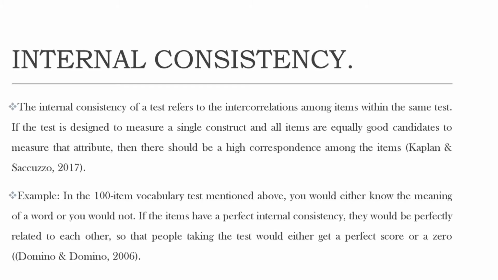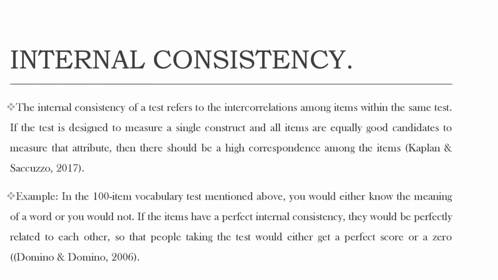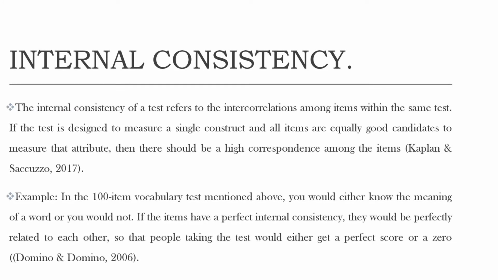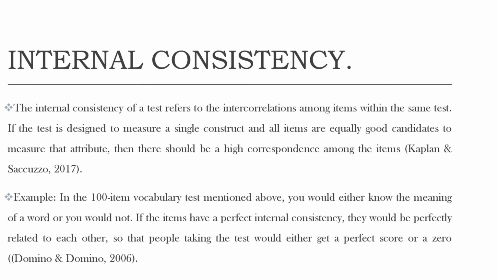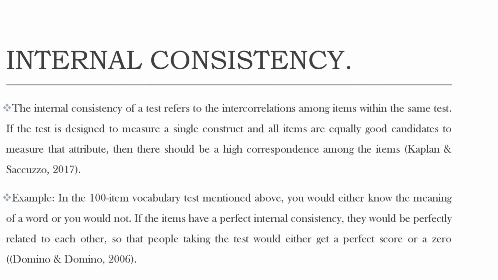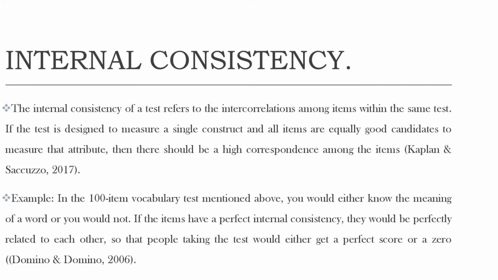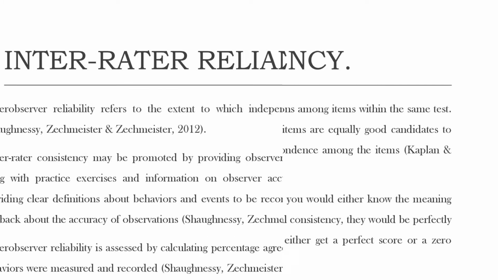For example, in the 100-item vocabulary test mentioned earlier, you would either know the meaning of a word or you would not. If the items have a perfect internal consistency, they would be perfectly related to each other, so that people taking the test would either get a perfect score or a 0.